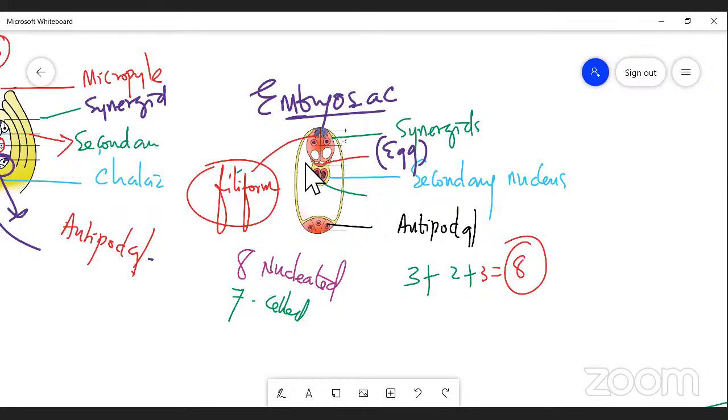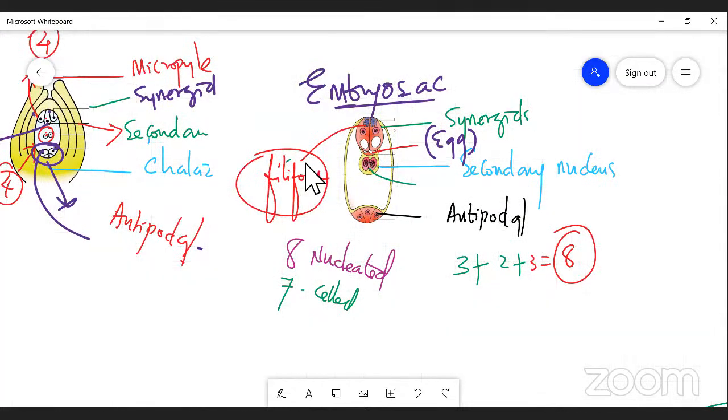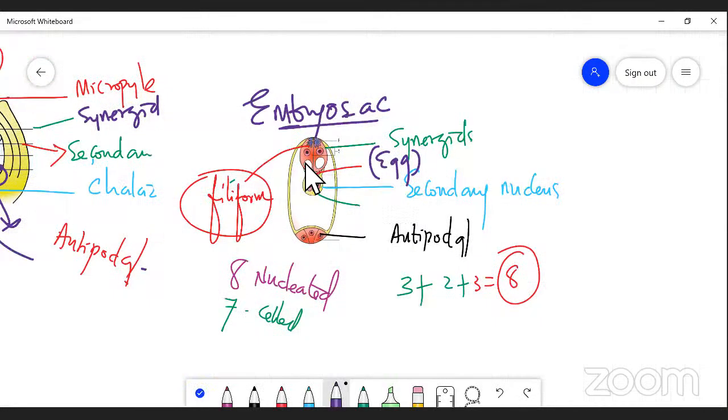What are the parts seen there? On the upper side. Okay, how many nuclei are in the condition? How many nuclei are there? 8 nucleated and 7 cells. Thank you for joining, and it's time for giving assignment. Draw the structure of the embryo sac and label the parts.